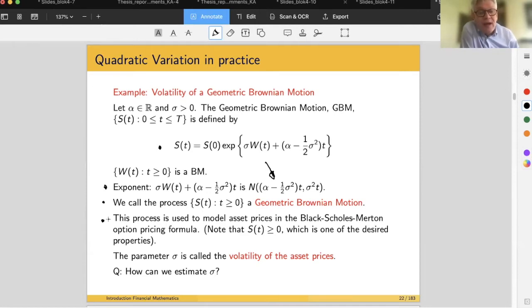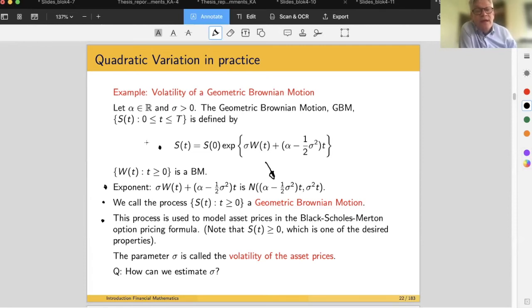So the option pricing formula by Black-Scholes and Merton is based on the assumption of a geometric Brownian motion for the underlying stock price. Scholes and Merton received the Nobel Prize for their option pricing formula in 1997, whereas Fischer Black passed away already in 1995, so he couldn't get it anymore.